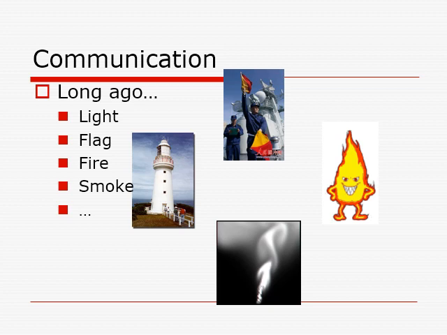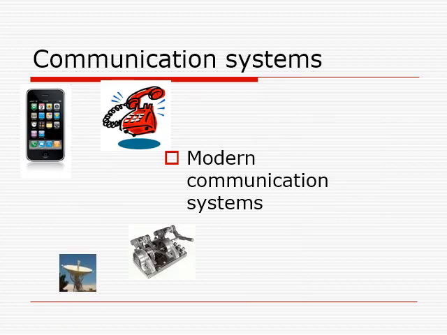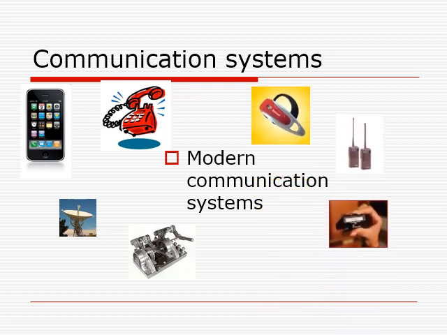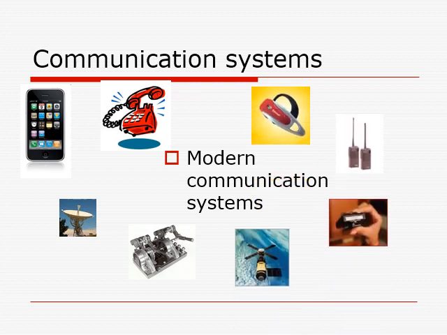So communication, a long time ago, people used light, smoke, fire, flags to communicate with each other over long distances. And right now, people use electrical engineering systems to communicate. For example, cell phone, telephone, Bluetooth, walkie-talkie, satellite communication.